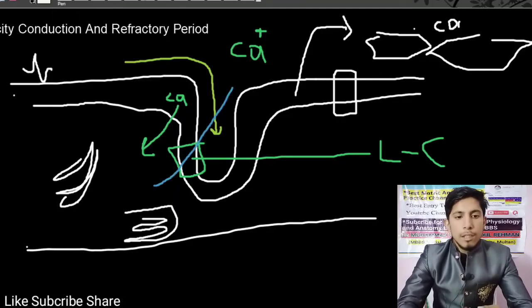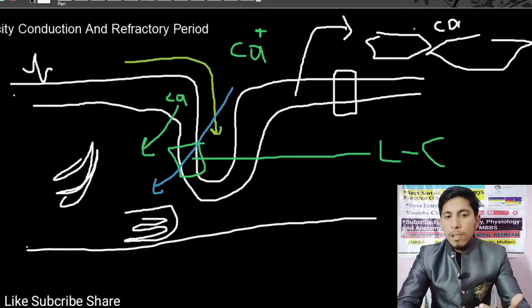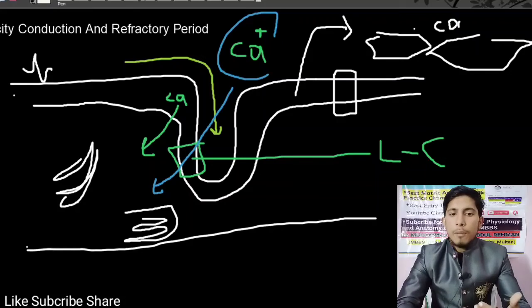So from activation of the L-type calcium channel, a large amount of calcium present in the extracellular matrix of the cardiac muscle cells starts moving towards the inside of the cardiac cell.